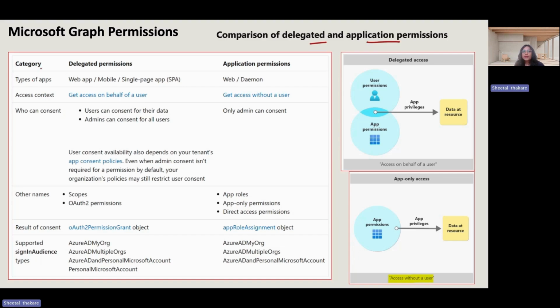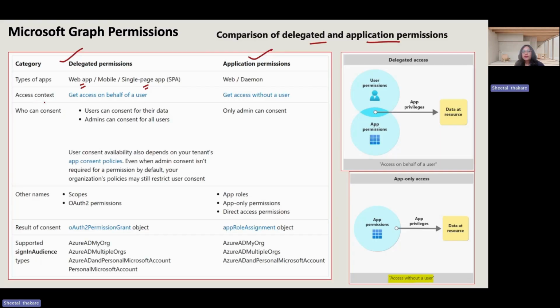So when one should go for delegated permissions, if you are designing web applications, mobile or single page application. But if you are going for web or daemon, use application permissions, which do not require signed in user present.